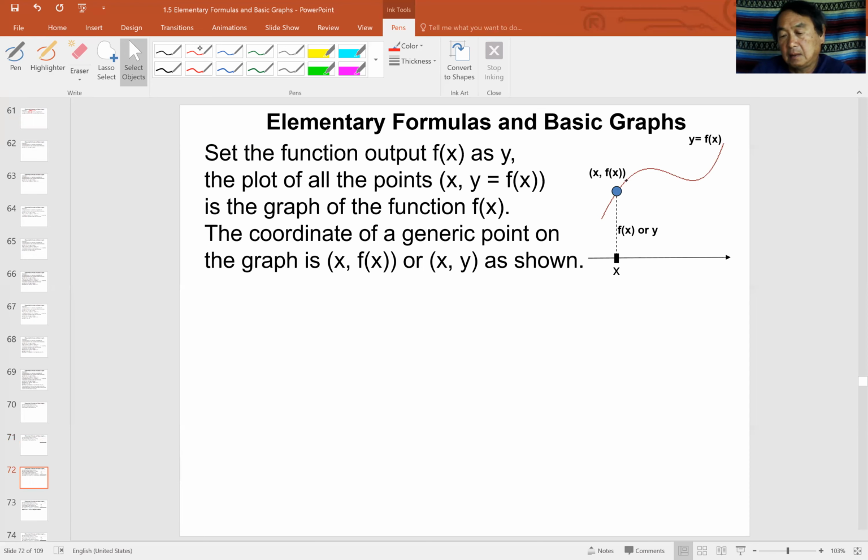Here is a picture of what I call a Joe Blow graph in calculus. That is a standard graph picture, where we have some formula y equals f of x, and some Joe Blow point x and where it corresponds on the graph.